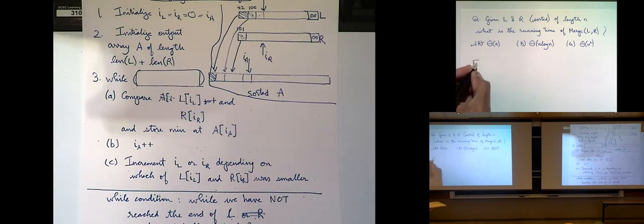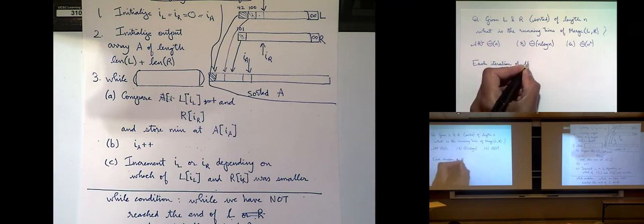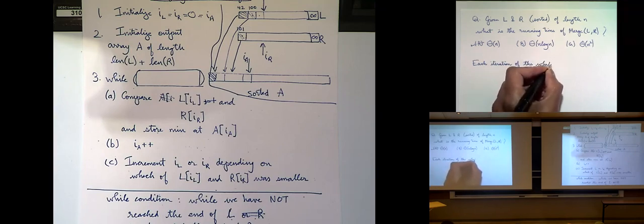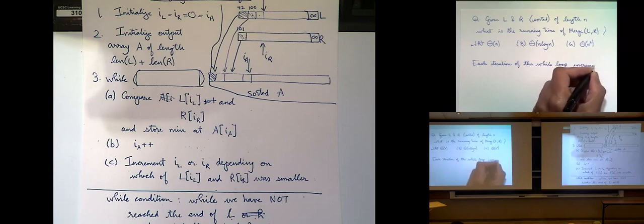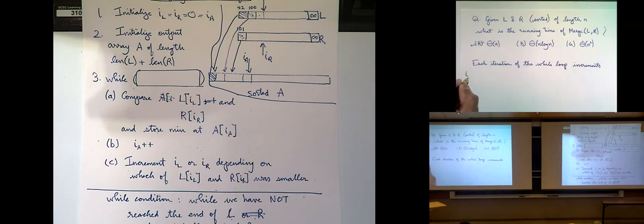So the argument is each iteration of the while loop increments IA.